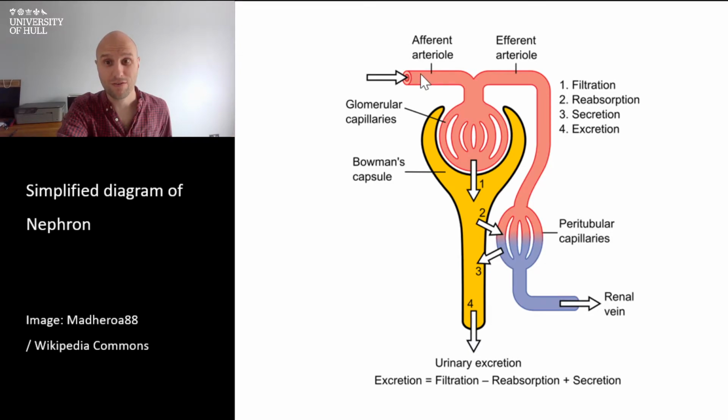It enters through the afferent arteriole, where it heads into the glomerular capillaries, whereby some of the fluid is filtered into the Bowman's capsule and through the lumen of the nephron, and eventually excreted as water and waste products, and urine essentially.